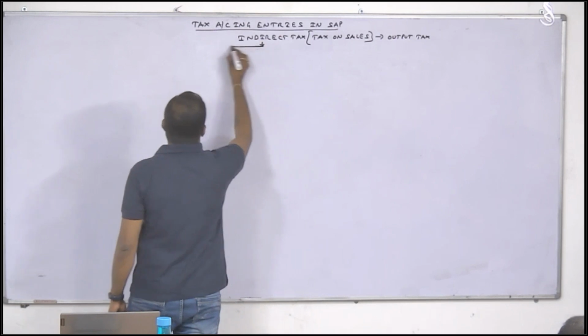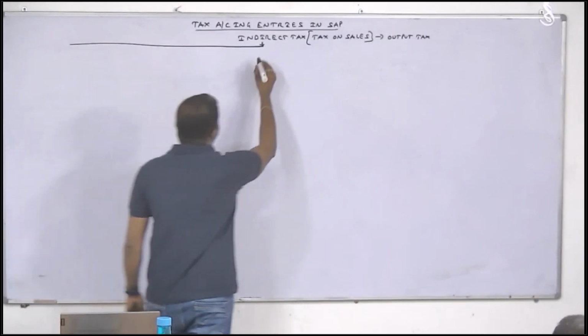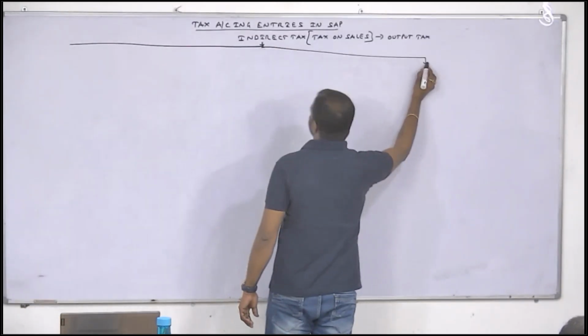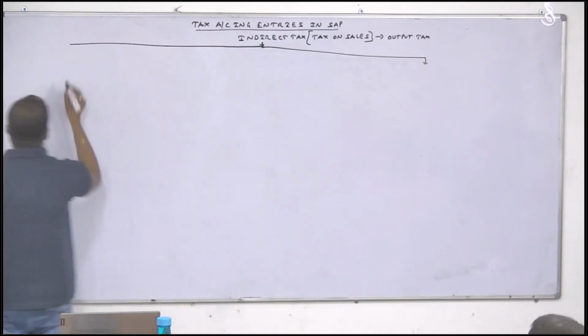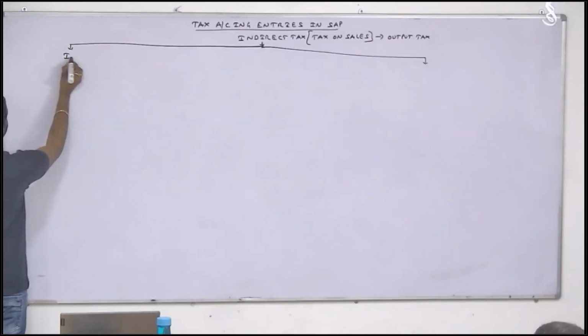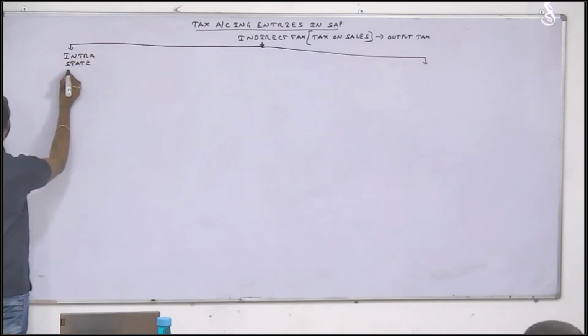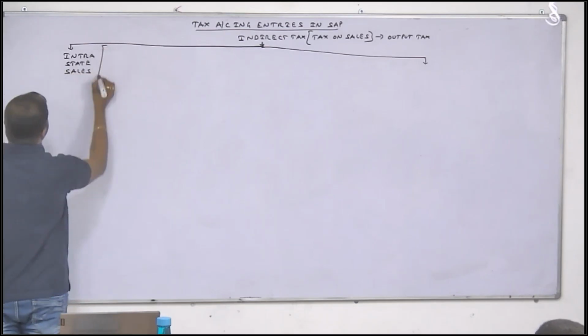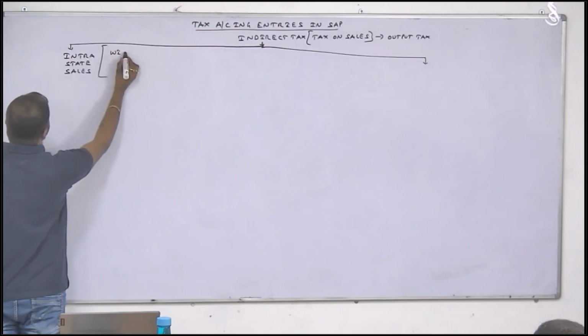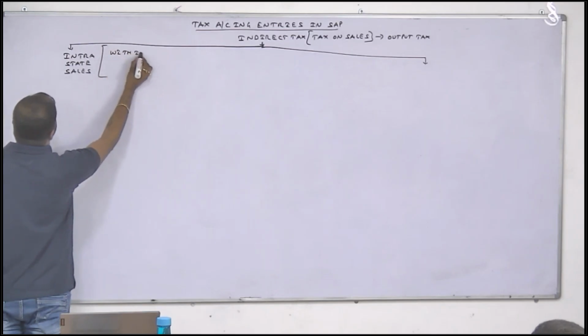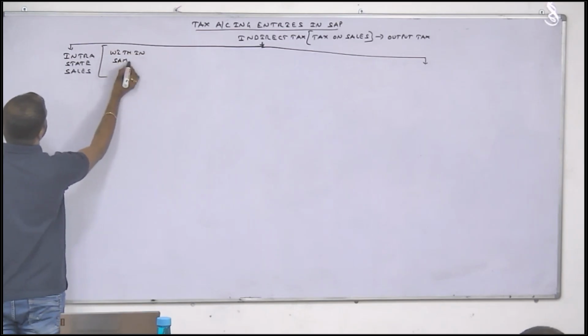Again, this one also we can divide into two ways. One is intrastate, state sales, nothing but in the same state.